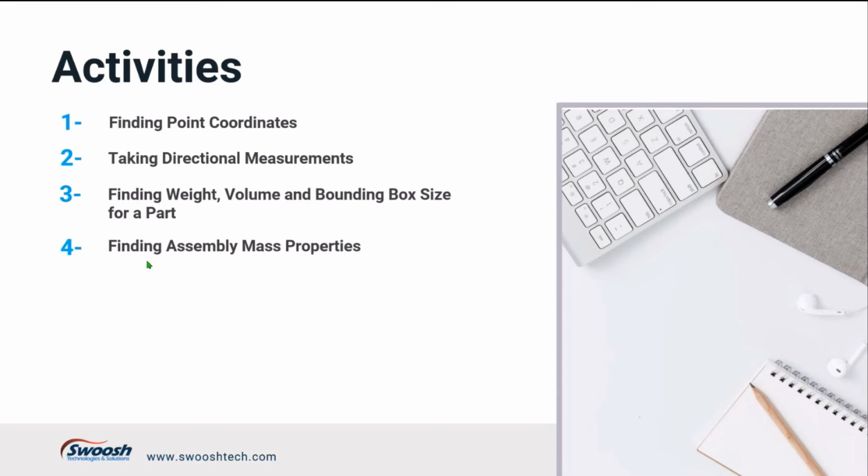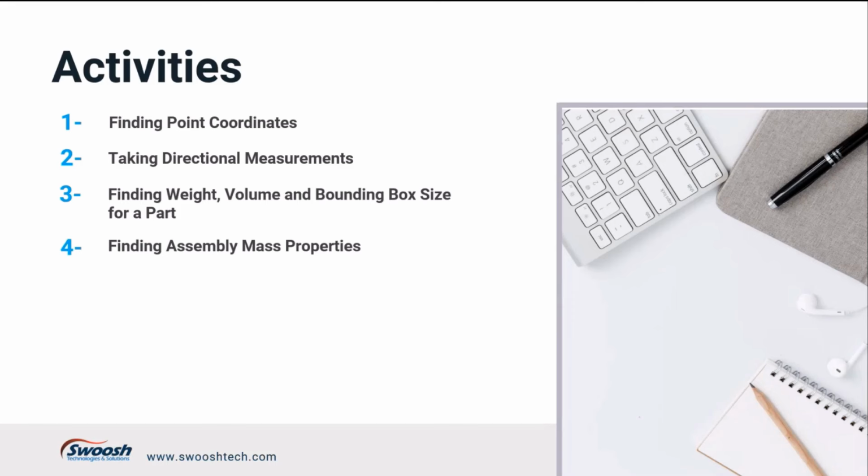Now, in this fourth activity, we're also going to be taking a look at a tool that's available if you have a Mach 3 CAD license. That bundle includes advanced assemblies. Within advanced assemblies, you'll have another panel in your assembly navigator that you can use to easily browse through mass properties in an assembly. I'm going to show that to you.